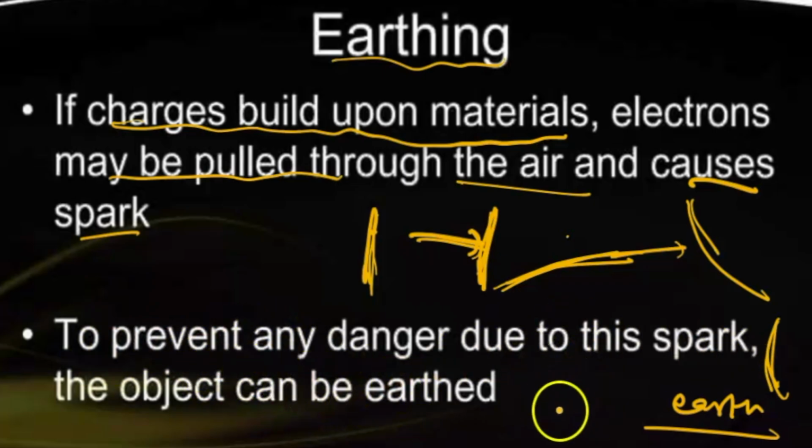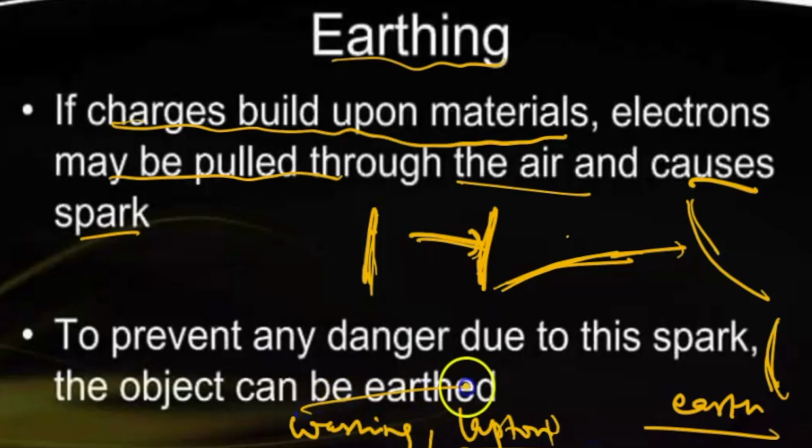Any equipment, like the many electrical appliances in our household, such as a washing machine or laptop, can be earthed. But sometimes you have seen one extra wire in your electricity board that is already earthed, so we need not earth this device separately. But if you do that, it will be extra protection.